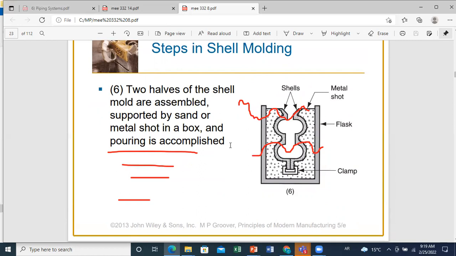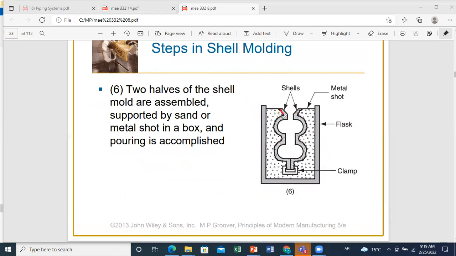So as you can see, in shell molding, we produce this part which consists of a thin layer that will take the form of a certain pattern. And if you want to produce a symmetrical shape, you need to produce two shells, and then you should assemble them together.